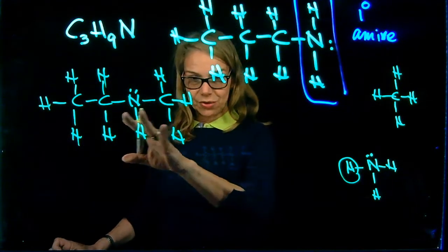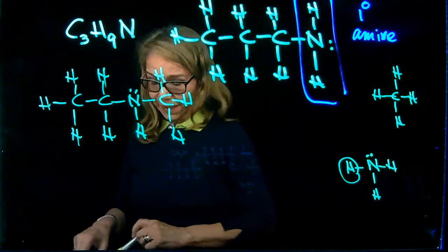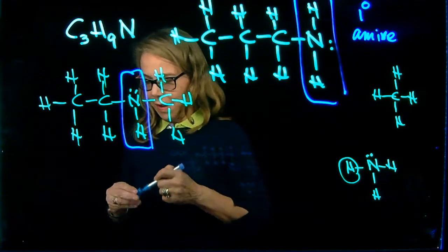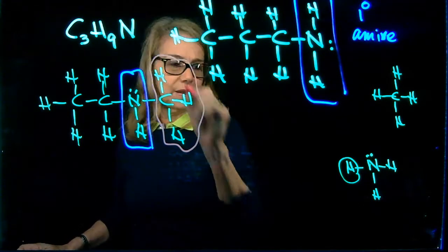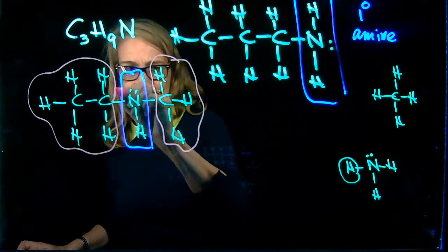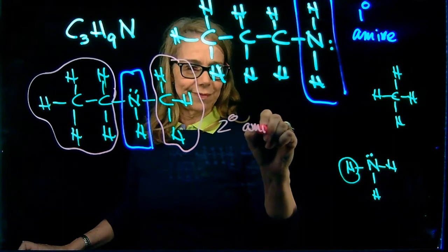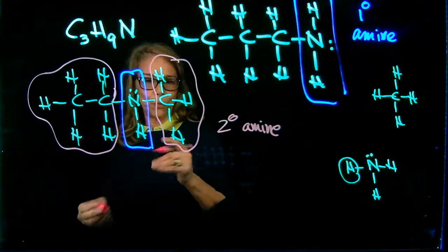We have the nitrogen in the center, and that is another functional group. It is an amine, but in this case, we have replaced 2 of the hydrogens by these alkyl chains. So that is a secondary amine. And clearly, atoms are connected in a different way.